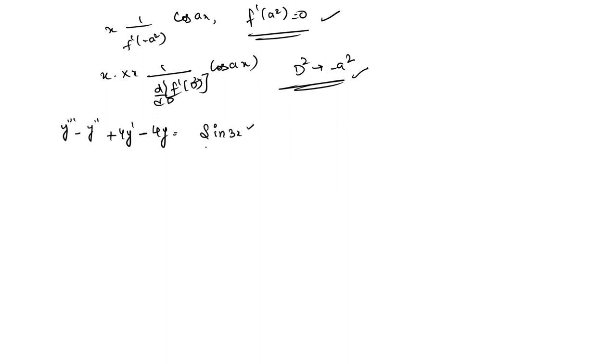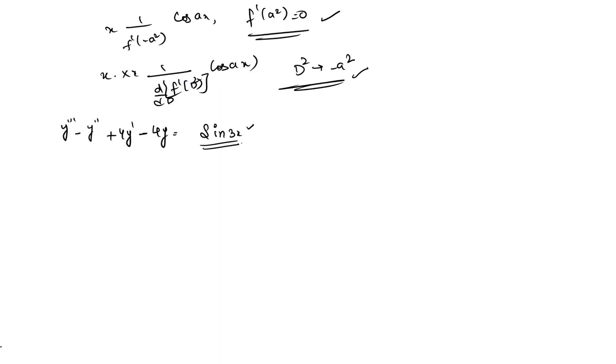In this equation, as we know, the right side is a trigonometric function. So firstly, we will write this equation in a symbolic form. Its symbolic form can be written as (D cube minus D square plus 4D minus 4)y equals sine 3x.